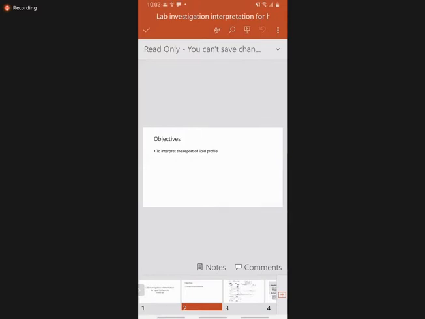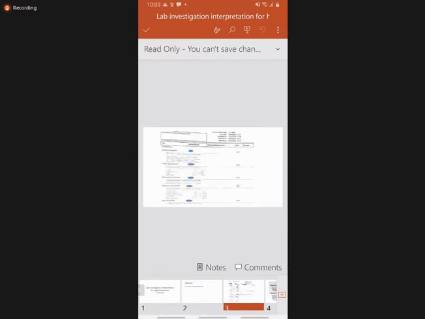The lipid profile has the following parameters: serum cholesterol, serum triglyceride level, serum HDL level, LDL level, and also VLDL cholesterol levels. These are the parameters given in the lab report of the patient.